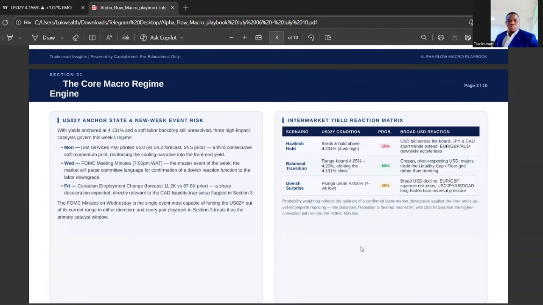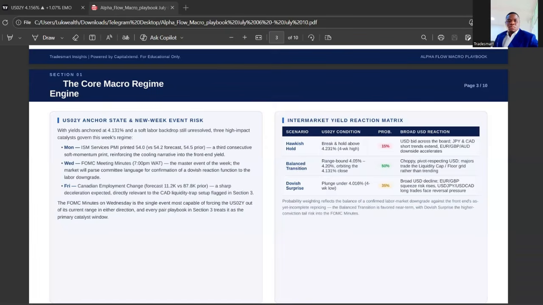On the right side, you could see we have three scenarios. The first scenario, hawkish hold, roughly 15% chance. Yield pushes up and holds above that 4.231 high. It would need the Fed to basically brush off the job miss. Possible, but tough to justify after two straight downgrades to the labor data. The second scenario I have here is the balance, roughly 50% chance, and that's my base case.